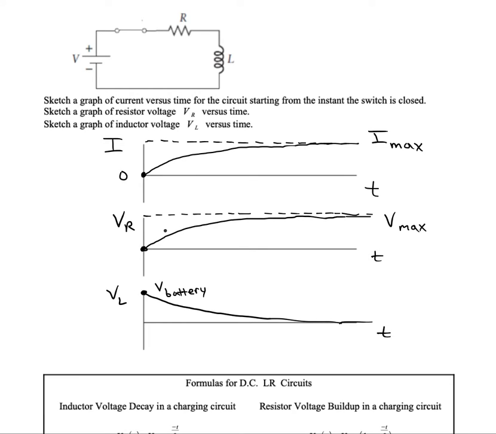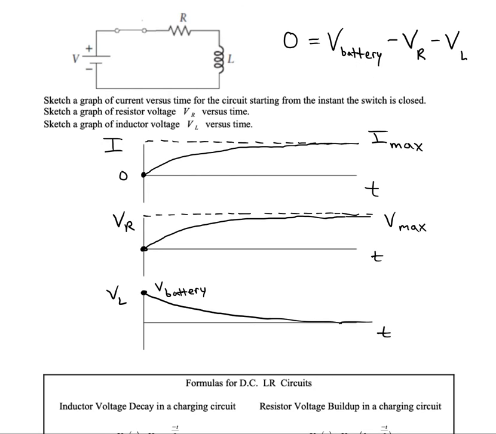In order to show that there's a transition from inductor voltage to resistor voltage, we could write Kirchhoff's loop law for this circuit. We would have 0 equals the voltage of the battery minus the voltage of the resistor minus the voltage of the inductor.